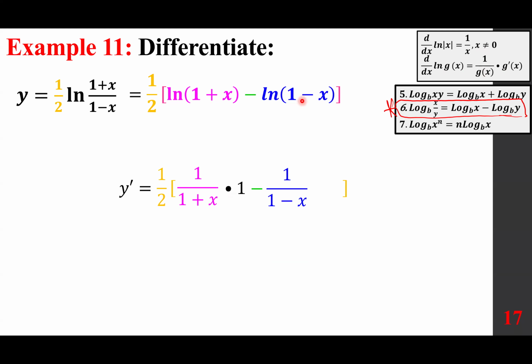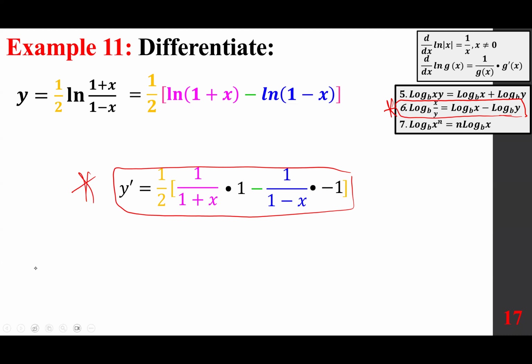Now the derivative of the parentheses this time is -1, times -1. I'm going to box this, because this is the only calculus step. This was algebra using logarithmic properties. This is calculus. Now we're going to combine these two fractions, which means we take the LCD and continue with the work.